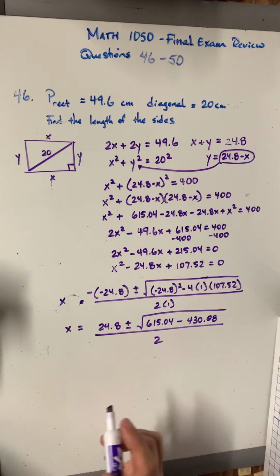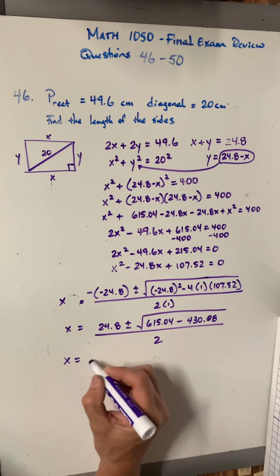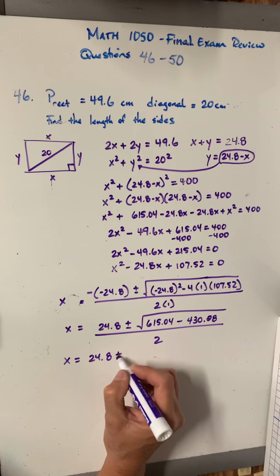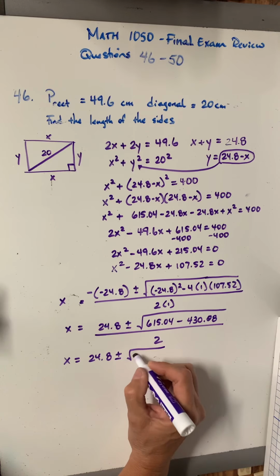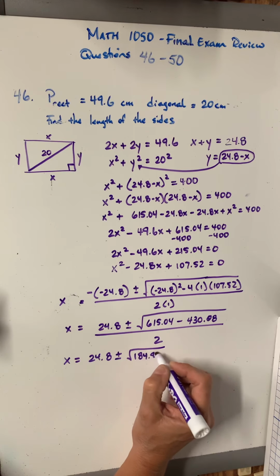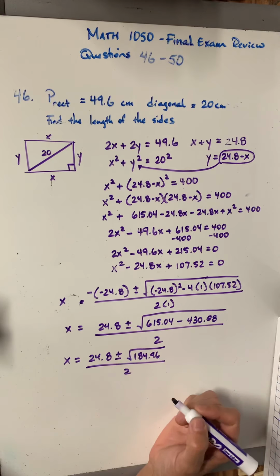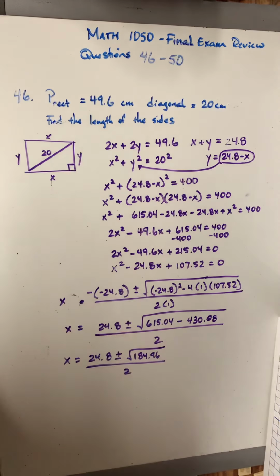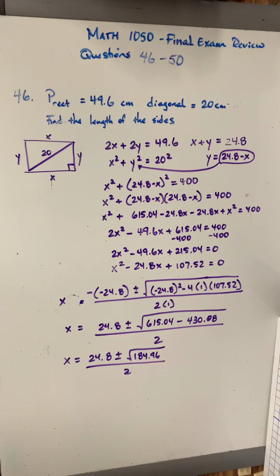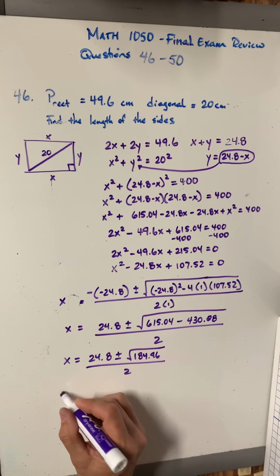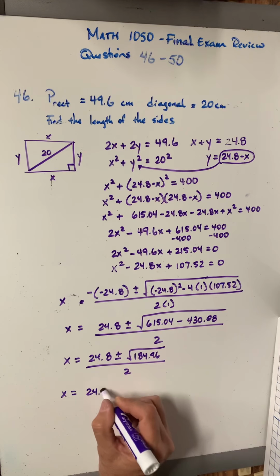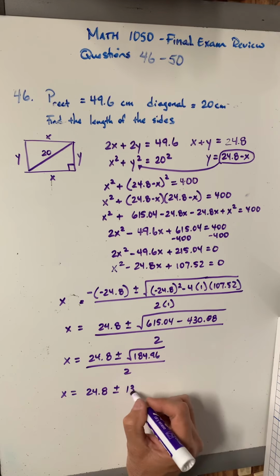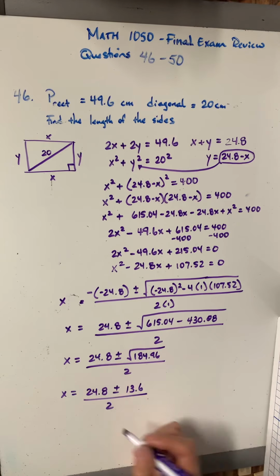And then 615.04 minus that will give me 24.8 plus or minus the square root of 184.96, all over 2. If I take the square root of that, I get 13.6. So I get x equals 24.8 plus or minus 13.6, all over 2.